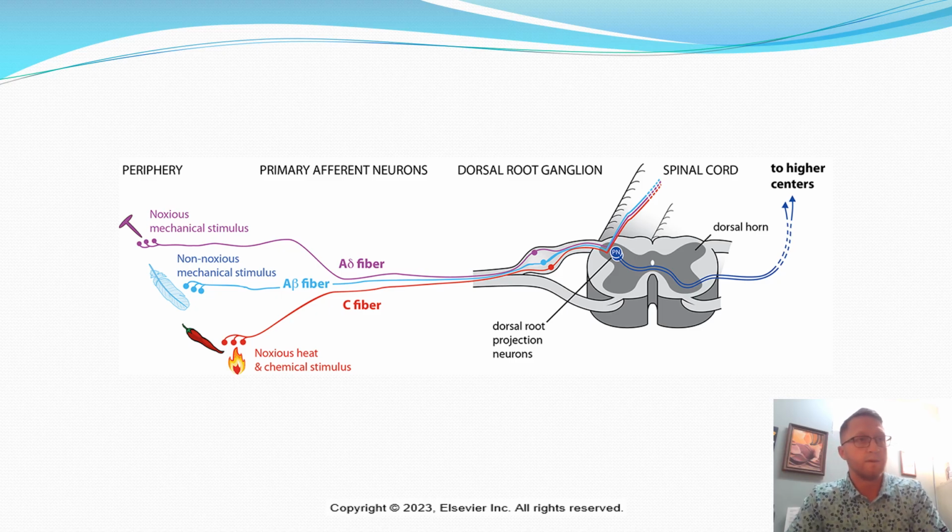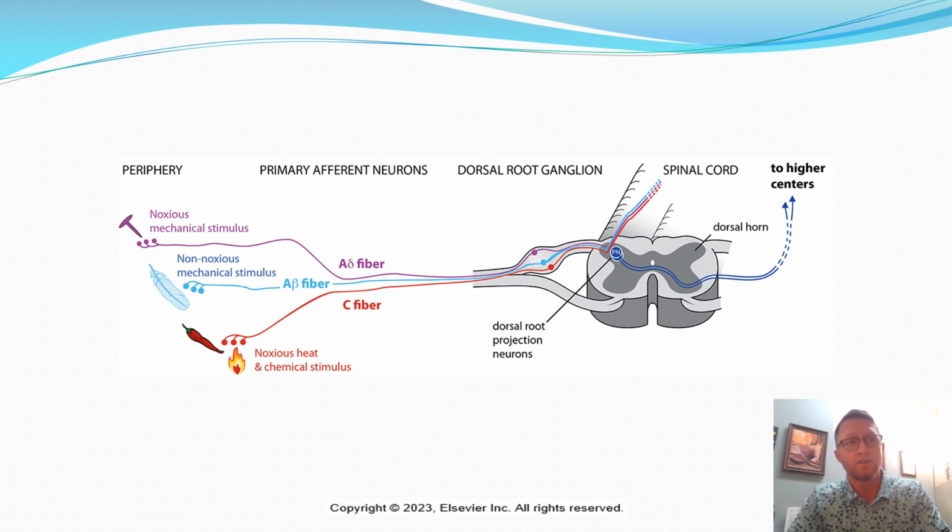So you can kind of see the differences between what a noxious stimulus would be, stepping on a tack, some kind of mechanical pressure that's sharp, versus the non-noxious mechanical stimulus, the light touch sensation that we perform in lab, or stroking the skin with a feather or something very light. All of that non-noxious stimulus is going to be transmitted through the beta fibers. Then we get down to the very bottom, which is the C fibers.